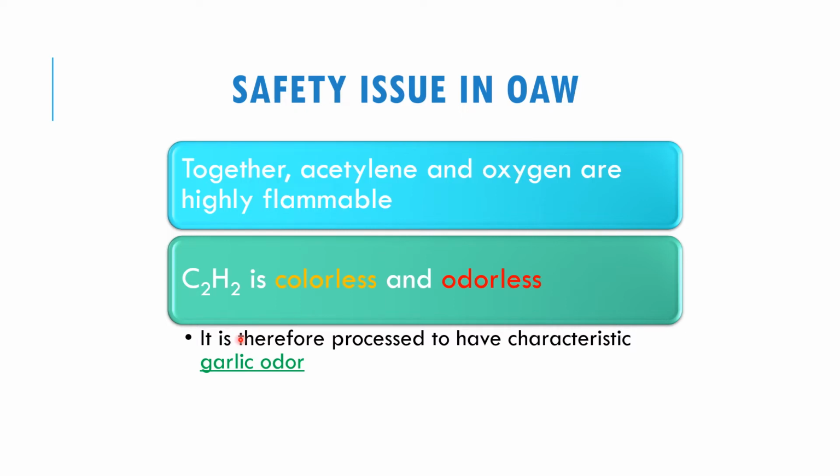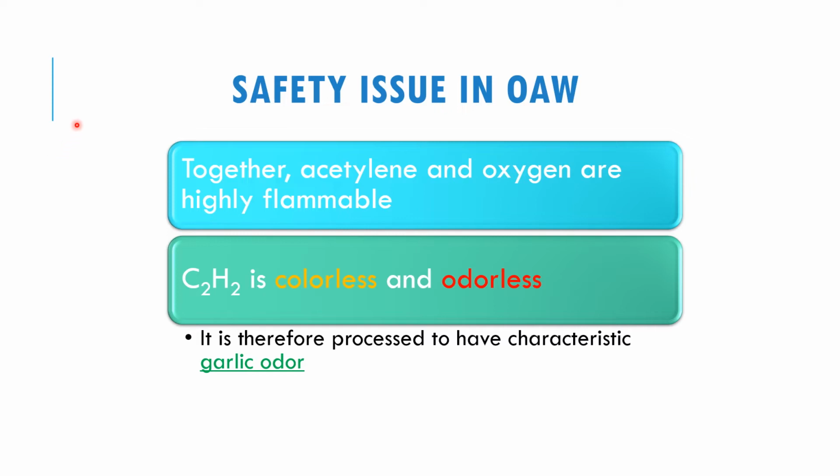Apart from that, C2H2, which is acetylene, is colorless and odorless. If you consume this and smell the gas, you might faint, because there is no color and also no odor. Due to that, manufacturers process the acetylene to give it a garlic odor, so that people will know if there is any leakage.